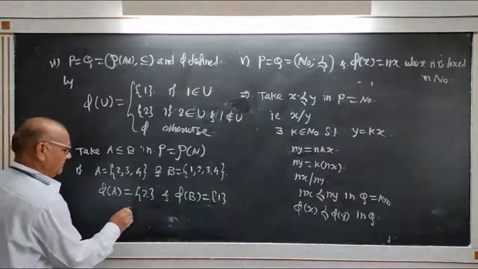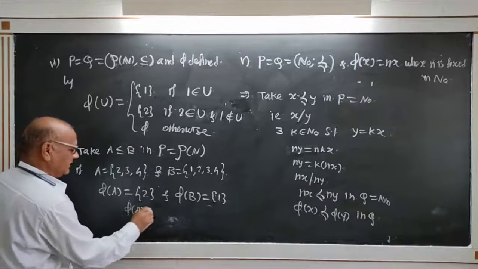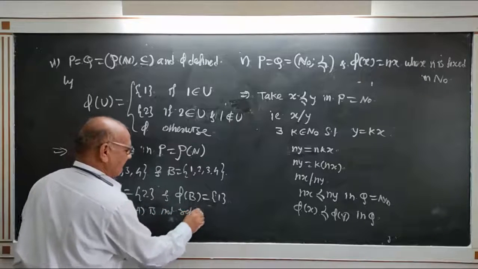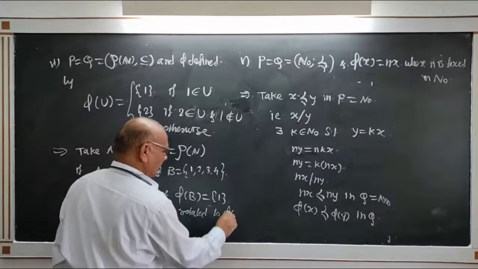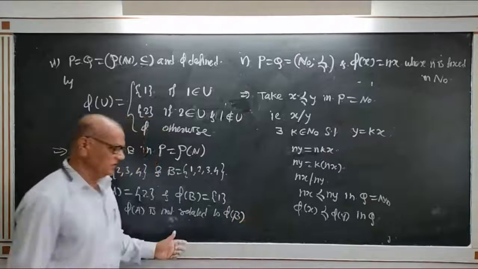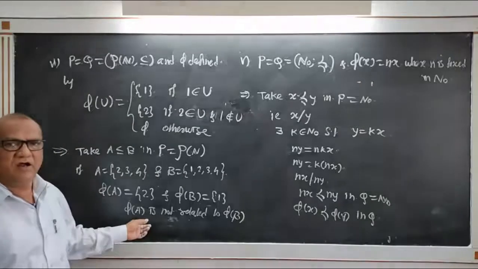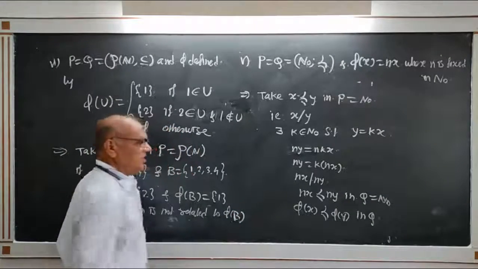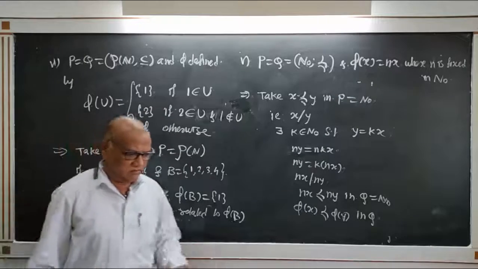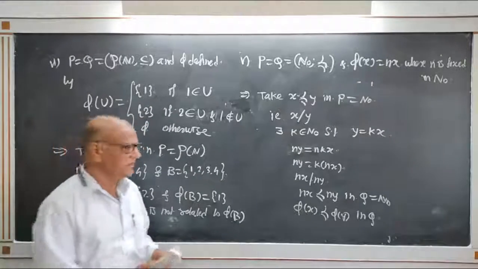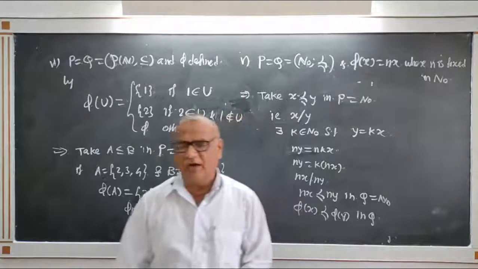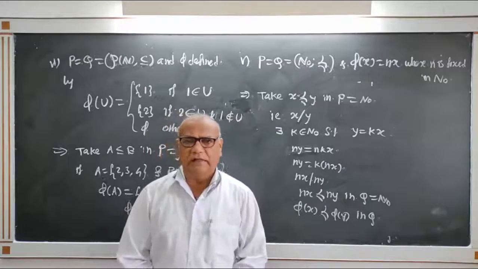So phi of A is not related to phi of B. So phi is not order preserving. Okay? We stop here. Thank you.